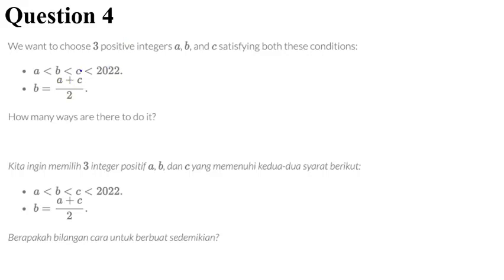Because b is a plus c over 2, the parity of a and c should be the same. That means a and c are both even numbers or both odd numbers. If you select two odd numbers, 1, 3, 5, 7, up to the last odd number, which is 2021, then b will be unique and determined.